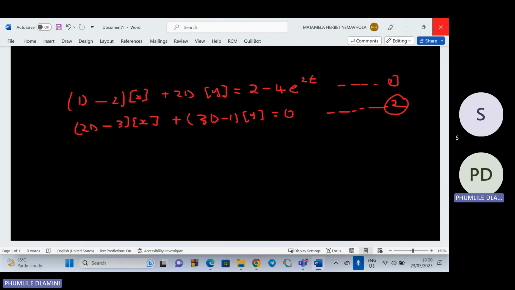So in order for us to get to the second one, what needs to be done?